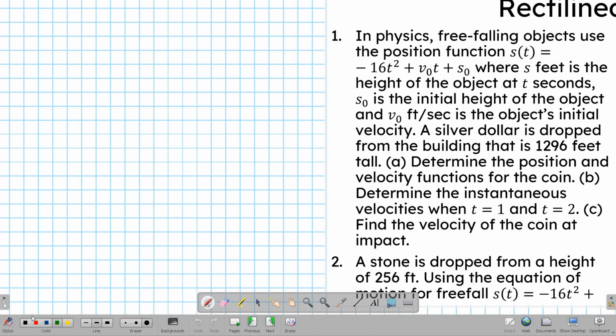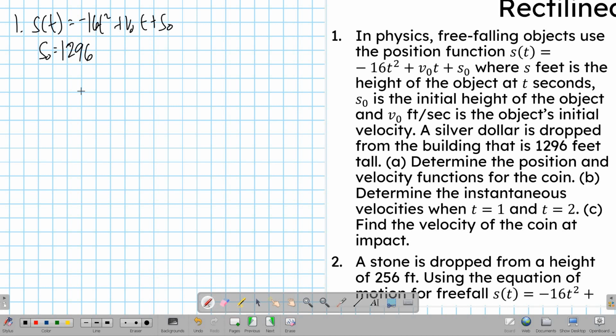So first, we're given the template of the function. It's negative 16t squared plus v sub o t plus s sub o. Now, we are told that a silver dollar is dropped from a building that is 1,296 feet tall. So that would be your initial height, 1,296 feet.